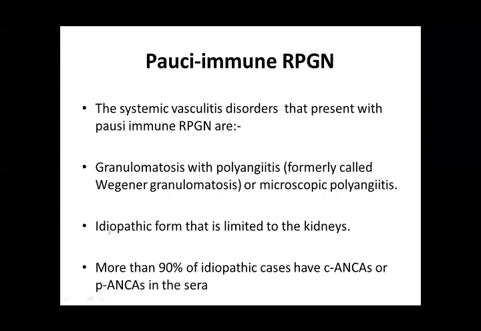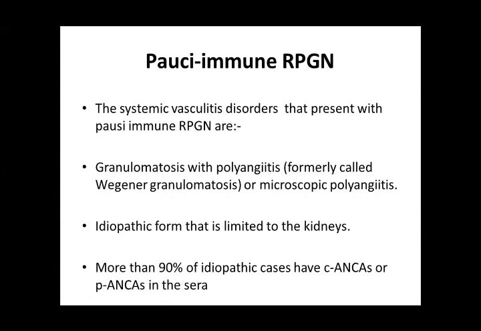In 90% of the patients we have ANCAs, either P or C ANCA, but the rest of the 10% of patients have no ANCAs as well. If there is no antibody detected in the kidney, it doesn't mean that it is not an immunological attack.